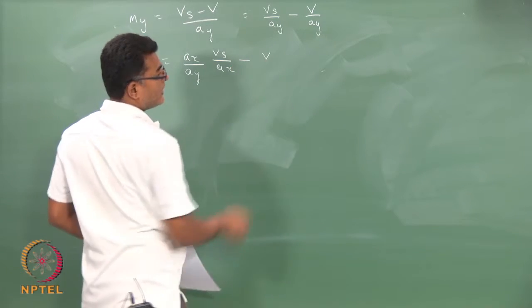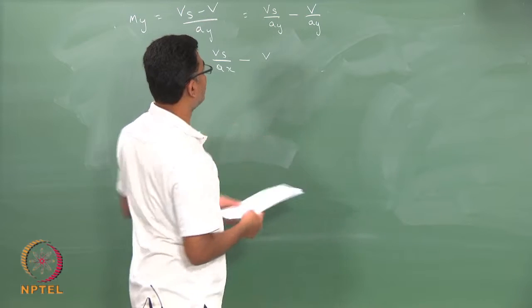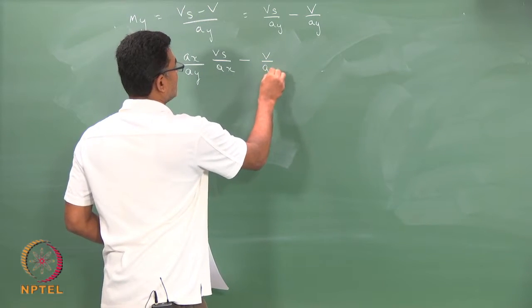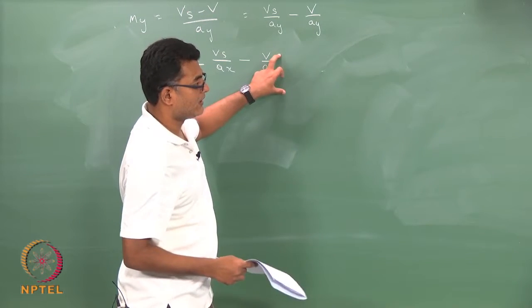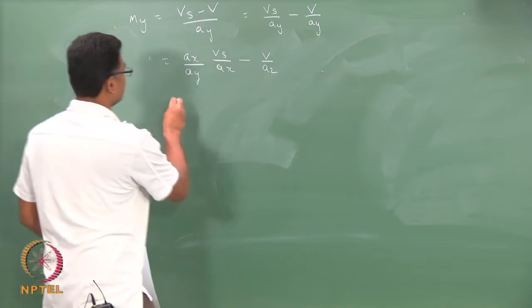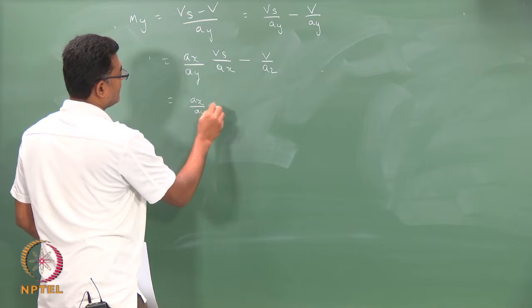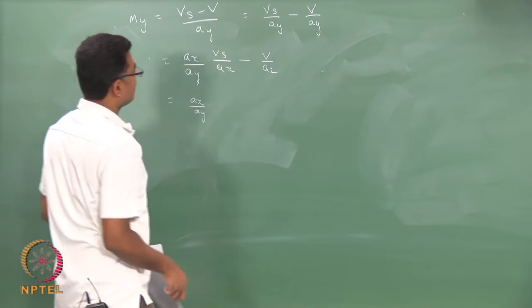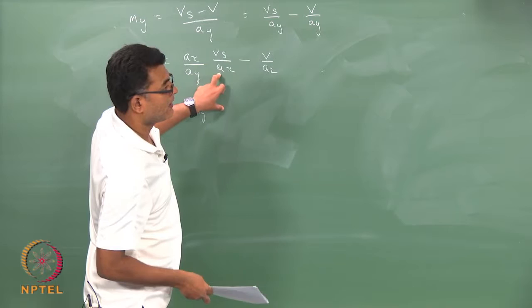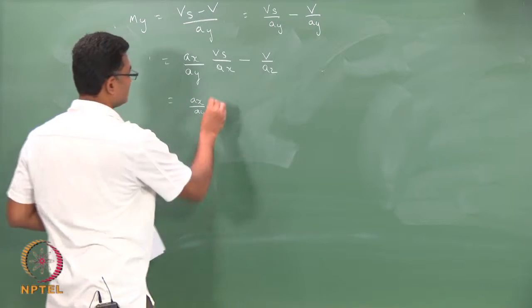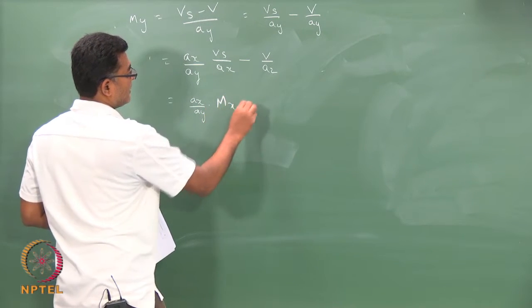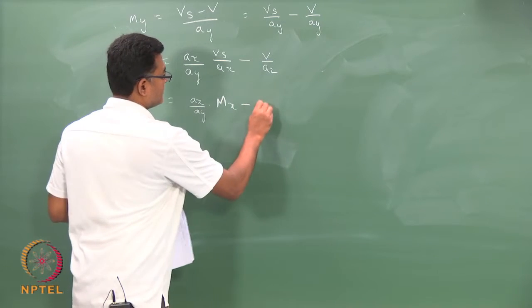Minus V by Ay is V by A2. V by A2 is my M2. So, I can write this as Ax by Ay into Vs by Ax, which is Mx, minus M2.